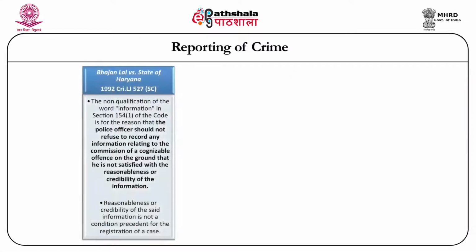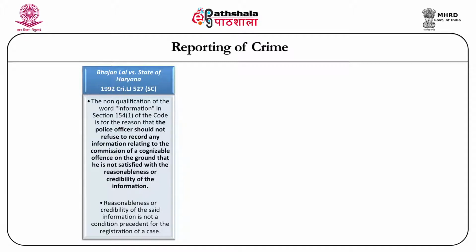In the case of Bhajanlal versus State of Haryana, it has been held by the Supreme Court that the non-qualification of the word information in section 154 subclause 1 is for the reason that the police officer should not refuse to record any information relating to the commission of a cognizable offence on the ground that he is not satisfied with the reasonableness or credibility of the information.